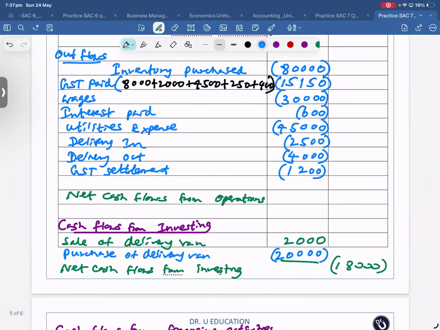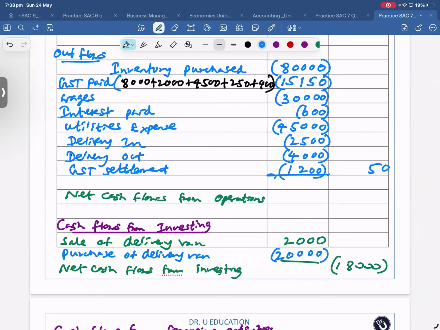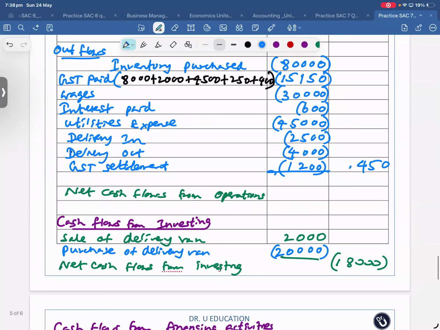Then, guys, outflows. Did you add it? Yeah. And you broke it? Yeah. Okay, good.